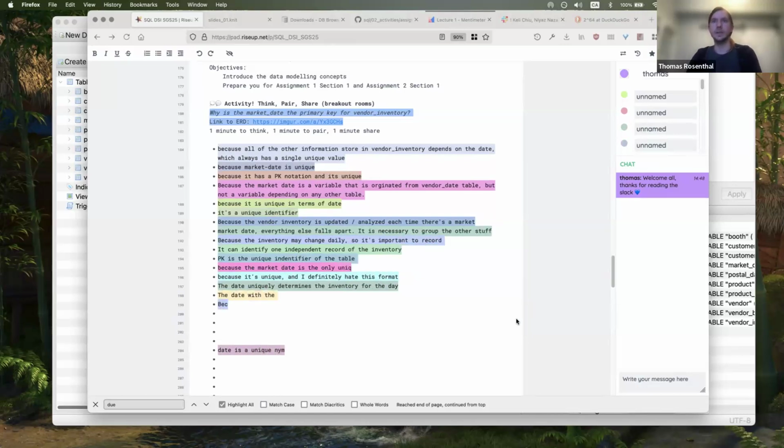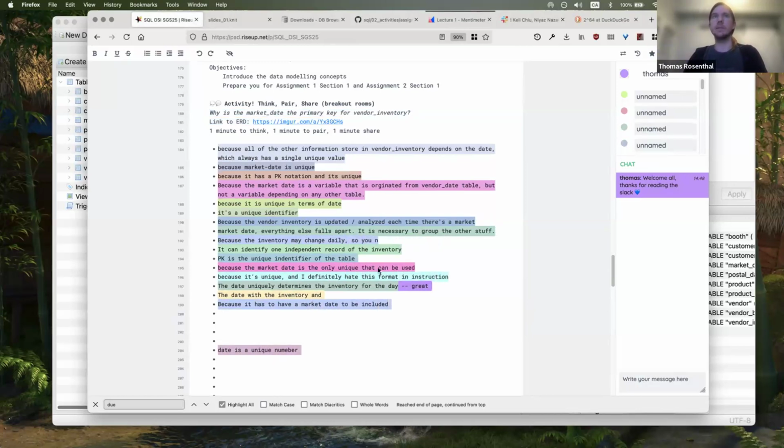Oh yeah, I like this one a lot: the date uniquely determines the inventory for the day. That's a great way to put it. You're capturing some key things. Market date will be unique, absolutely. But conceptually, the big thing is that you're determining exactly what a vendor is bringing to the farmer's market on that given day.